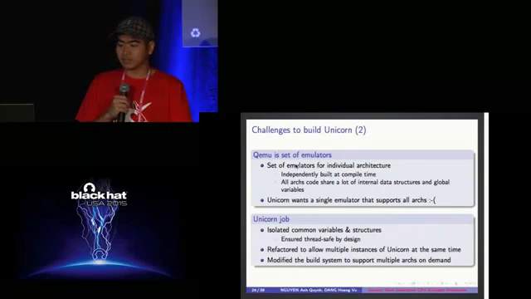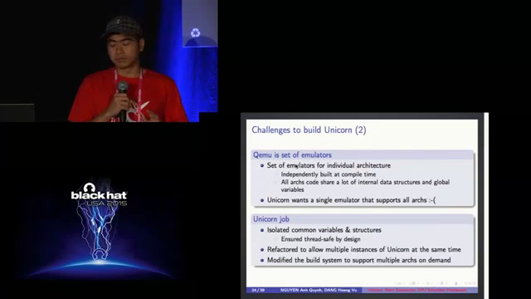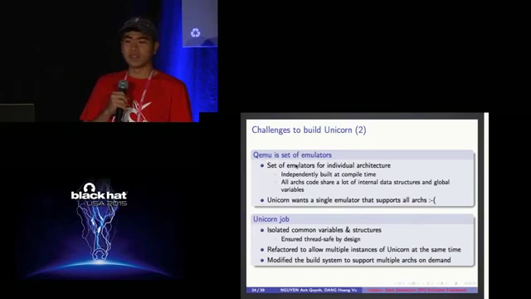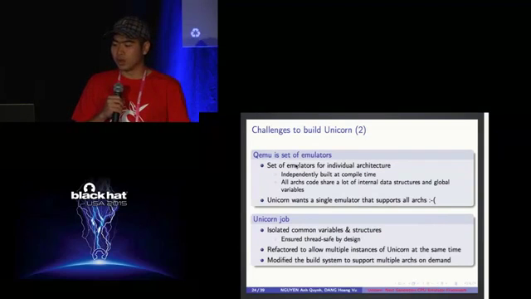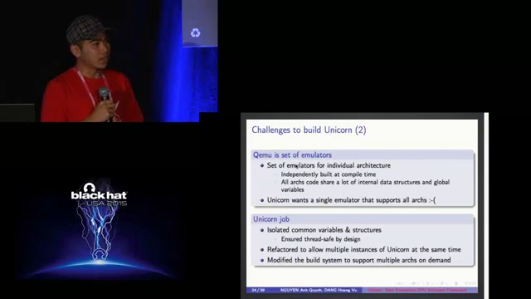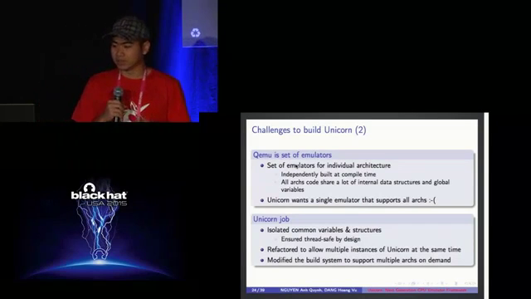So we isolated all of these variables and structures to ensure our API is thread safe by design. We also refactored to allow multiple instances of Unicorn at the same time, so you can just spawn a lot of threads running Unicorns, or you can create different Unicorn instances that can emulate different architectures in the same binary. Also, we modified the build system to support multiple architectures on demand.